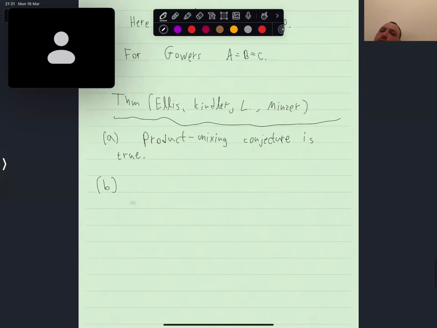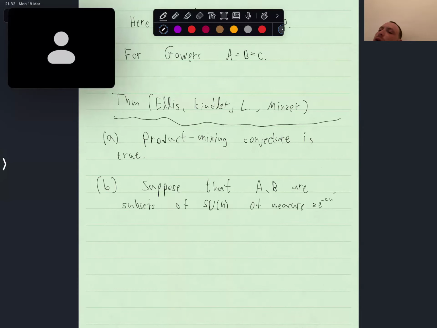So yeah, basically suppose that A and B are measurable subsets of SU(n) of measure at least e to the minus c n to the 1/2.